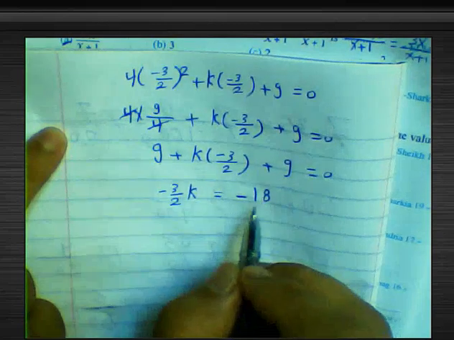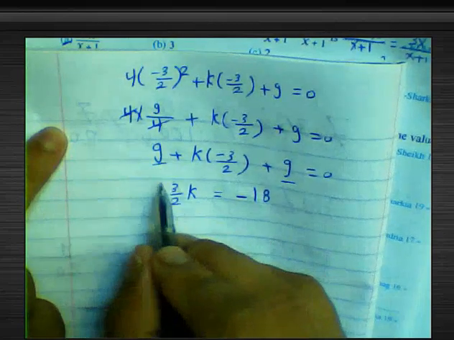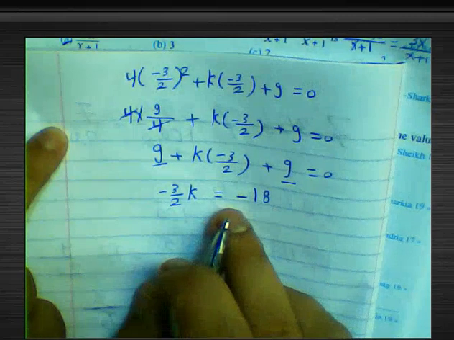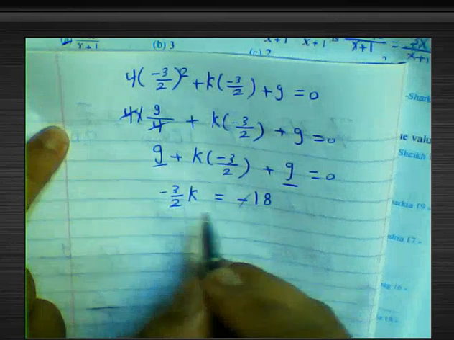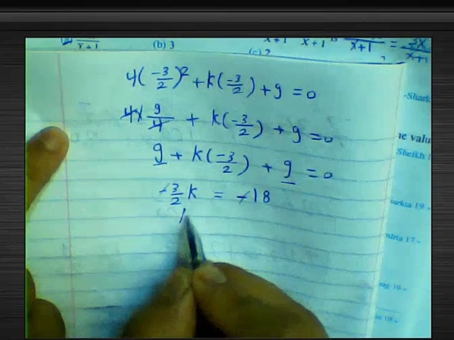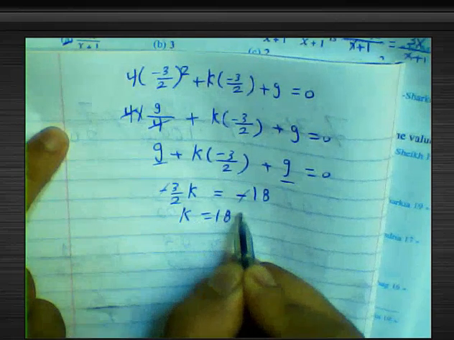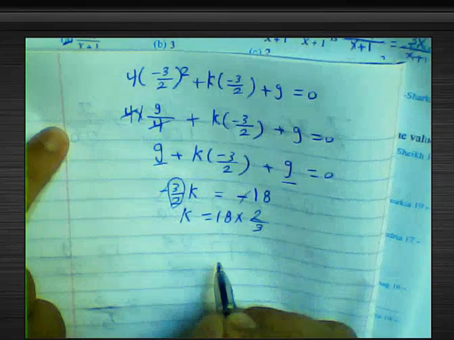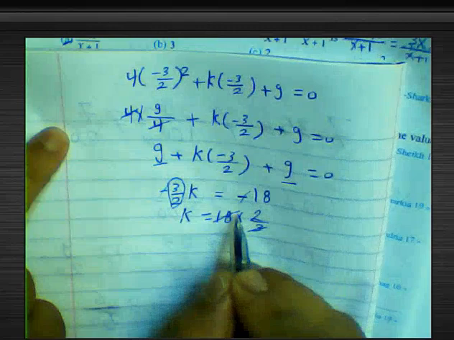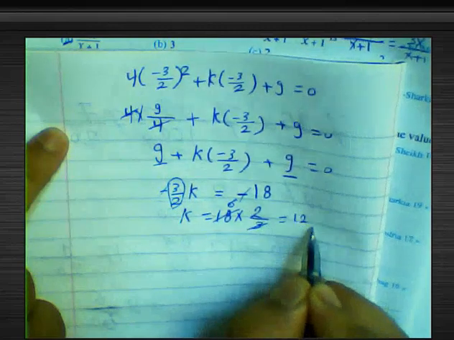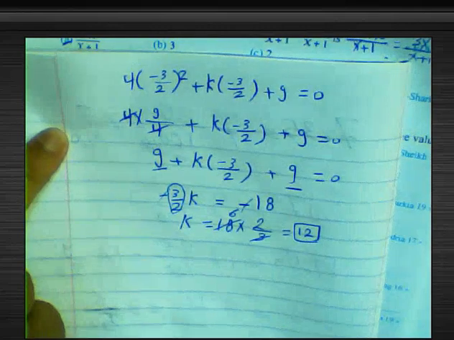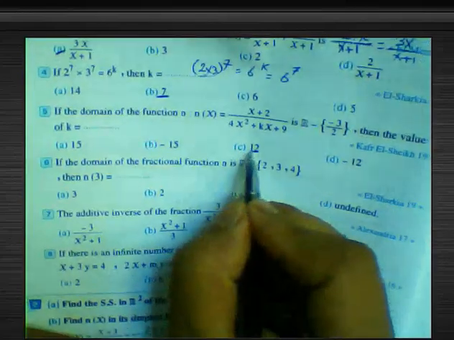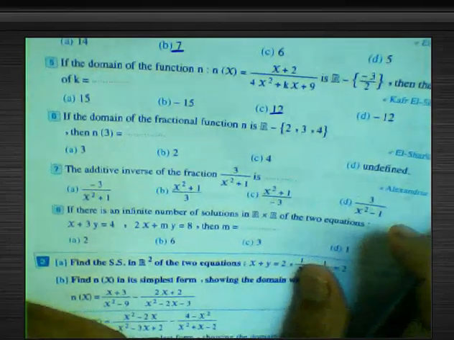We move the result from the left hand side to the right hand side and convert the sign. Negative divided by negative equals 1. So k will be 18 multiplied by the inverse of the fraction, 2 over 3. 18 divided by 3 equals 6. 2 times 6 equals 12. So k will be 12.